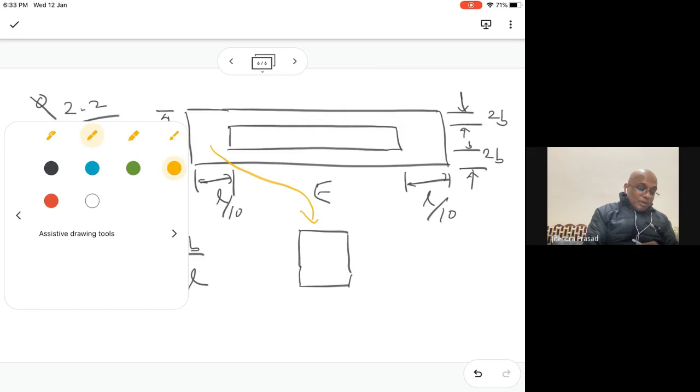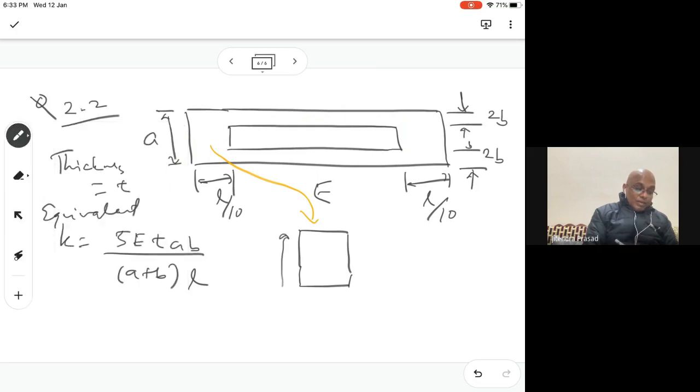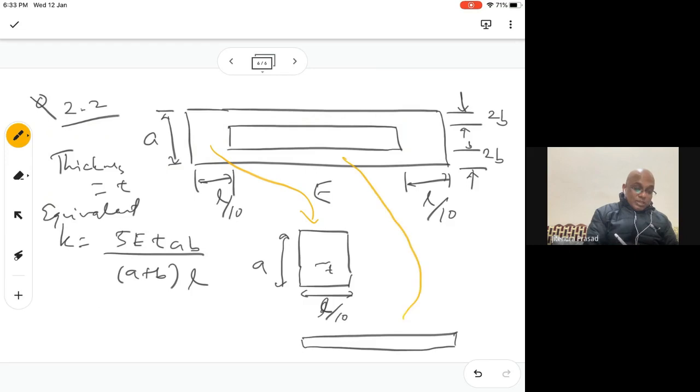For this we have A from here to here, then we have L over 10, and then we have the thickness T. For this we have to find the equivalent stiffness matrix, and then we have number 2, which is this. For this we have this thickness, and this thickness is 2b.